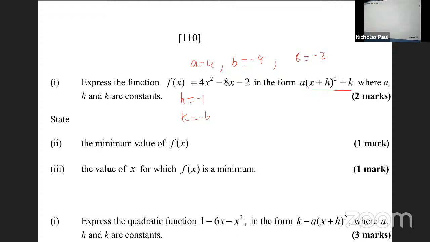So that'll be 4 by x minus 1 squared minus 6. Okay? Minimum value, tell them what the minimum value is, minus 6. And the x value will be positive 1. Okay? Because it's minus h, right? Yeah? Nice. Do the last one, please.